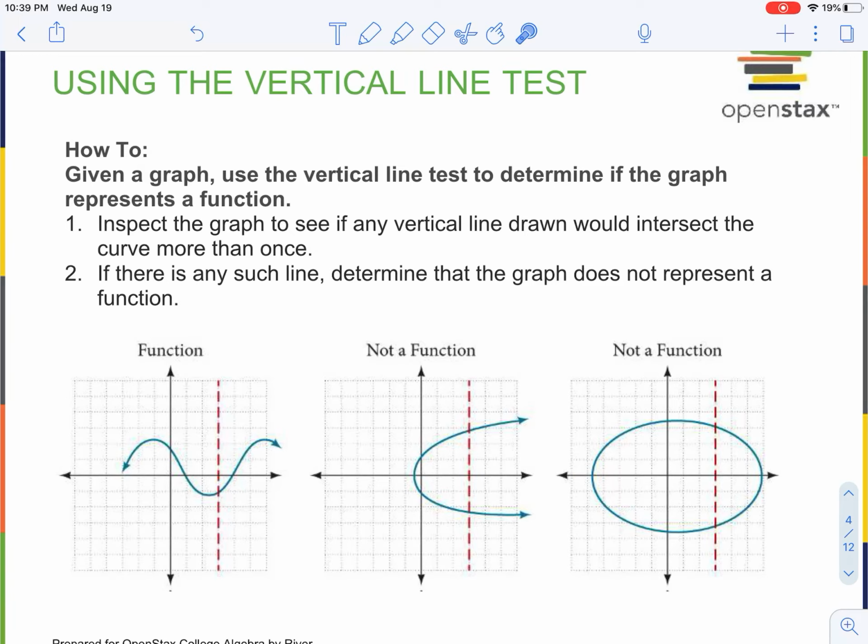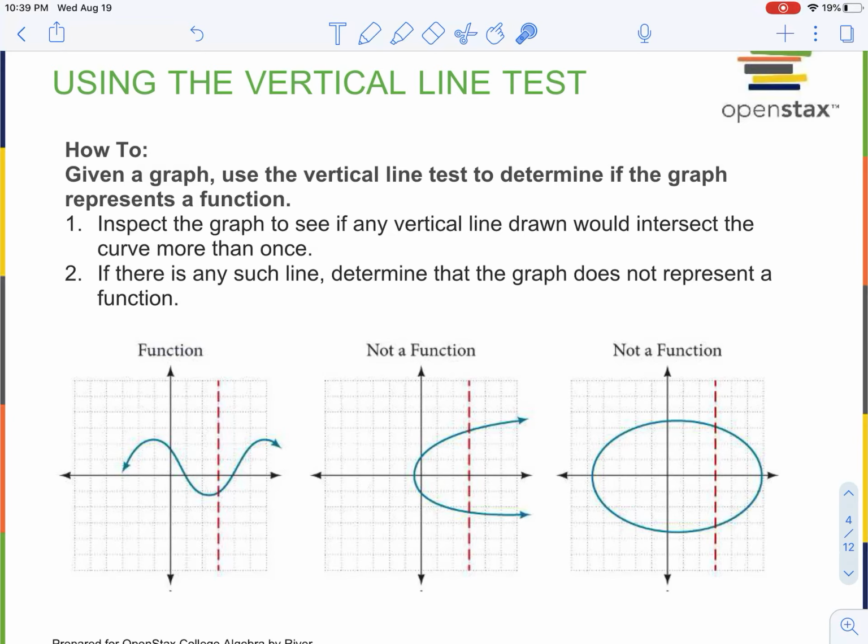So if there's a vertical line that could potentially cross through multiple places on the graph of your relation, then it is not a function if it crosses more than once. So you have to imagine lines drawn everywhere.